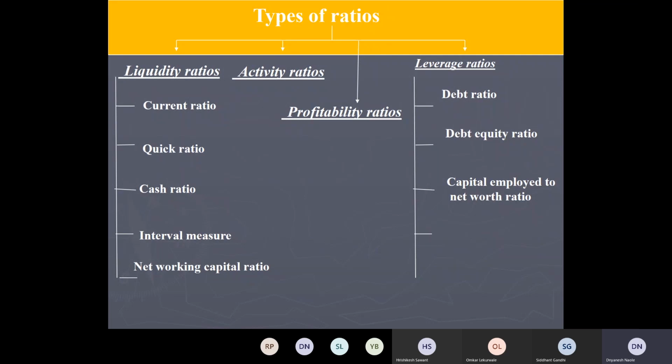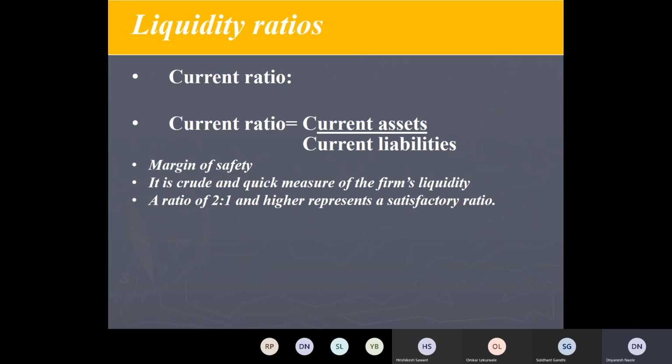So, liquidity ratio, the first type of ratio is the current ratio. As the slide tells you, it is a ratio of current assets to current liabilities. We already studied this concept when we discussed working capital flow, fund flow statement and the cash flow statement.